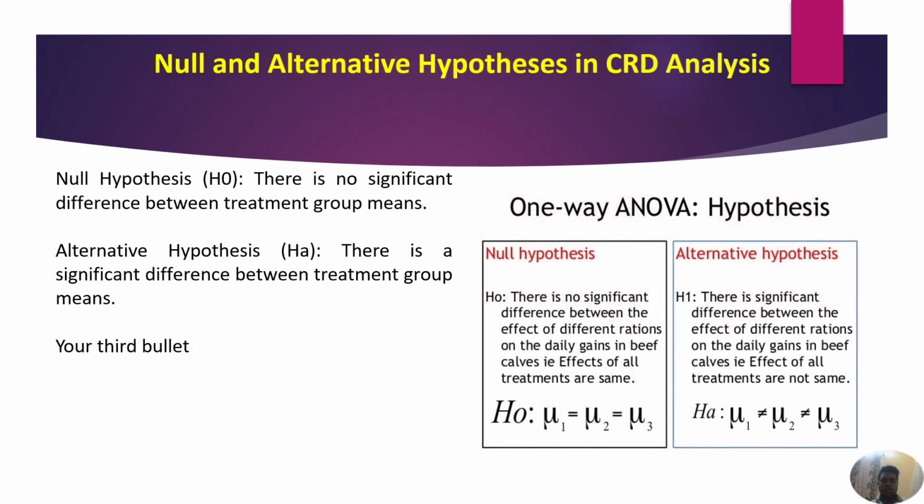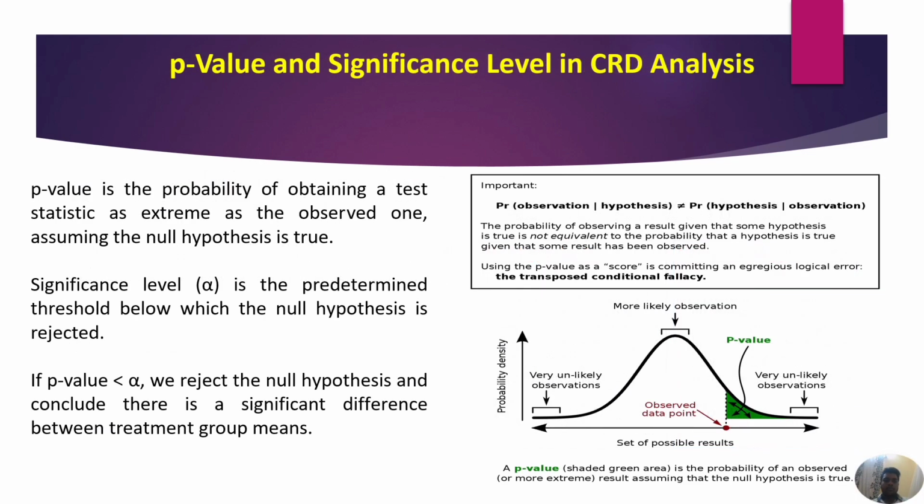So, coming to the null and alternative hypotheses in CRD analysis. Null hypothesis: there is no significant difference between the treatment group means. Alternative hypothesis: there is a significant difference between the treatment group means. P-value and significance level in CRD analysis.